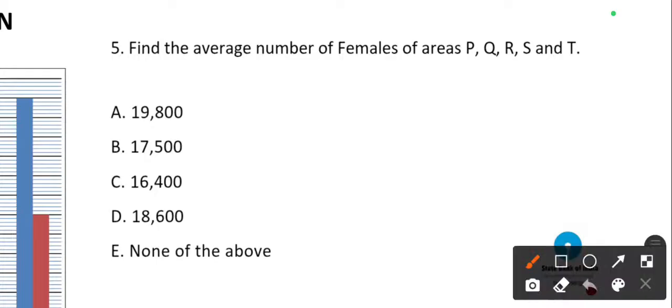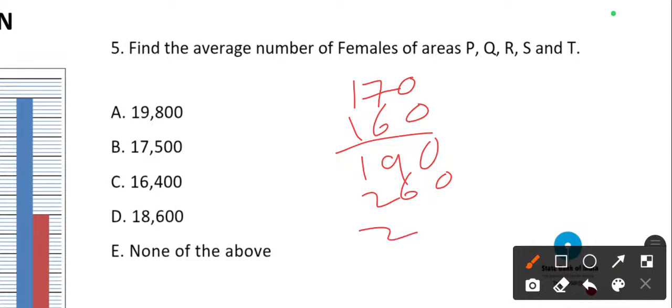Find the average number of females of area P, Q, R, S and T all together. All together means 170 plus 160 plus 190 plus 260 plus 210. So 0, 10, 12, 22, 22 plus 7, 29.